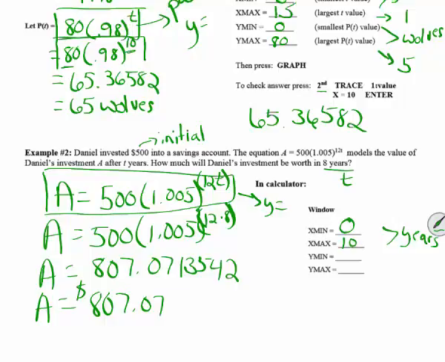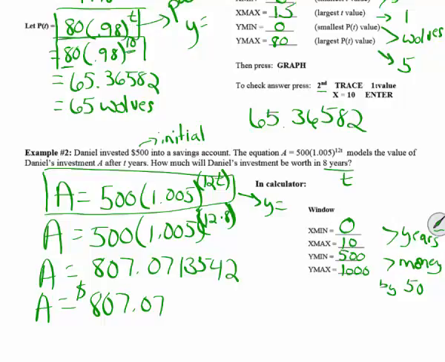Money, right? This is now growing. If you notice, it's getting bigger. So my Y minimum is 500. That's the least amount that it can be. And our maximum, we'll take it to 1,000. But this is money, or value, so for 500 to 1,000, I would go up either by 50s or by 100s, either way.